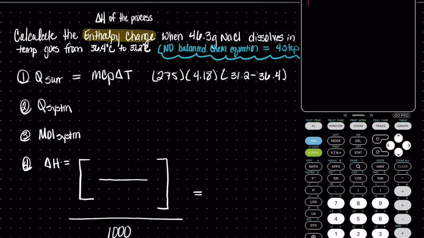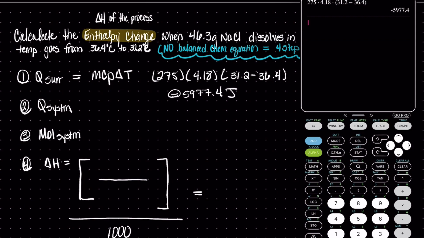Let's pull out some math: 4.18 times 31.2 minus 36.4. So I get my Q of the surroundings in joules, because we just calculated in joules.